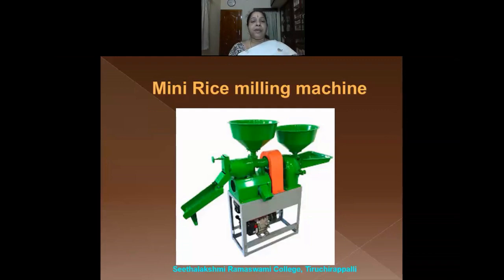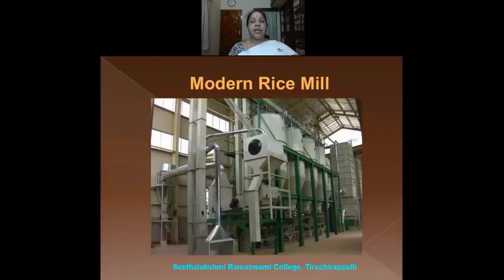This mini rice milling machine can be used on a small scale, and it can also be used at household level. When you have to do the milling process on a large scale, in tons, then you need a modern rice mill. And this is the layout of the modern rice mill.